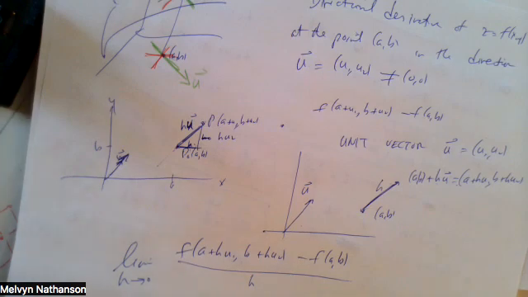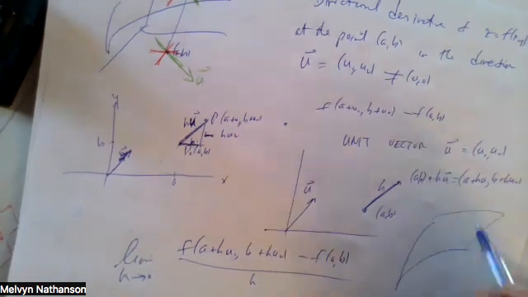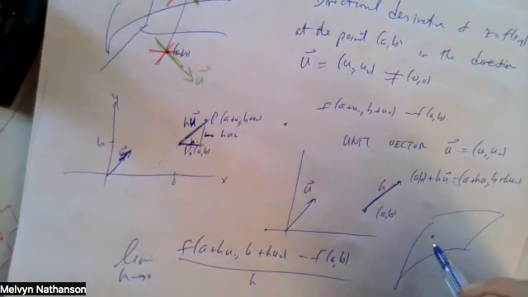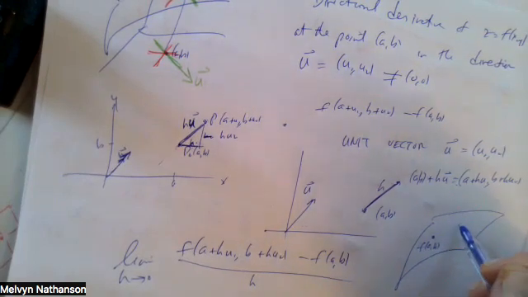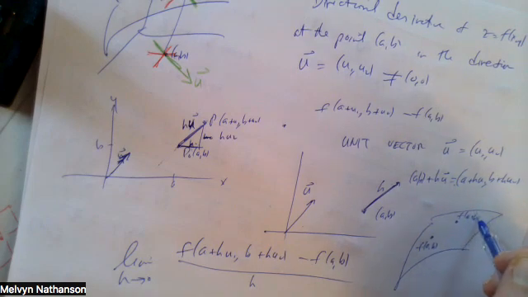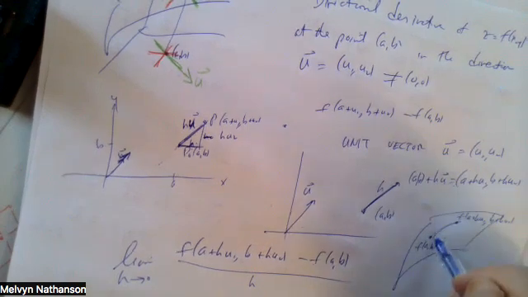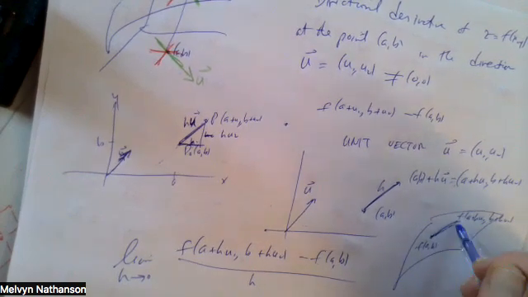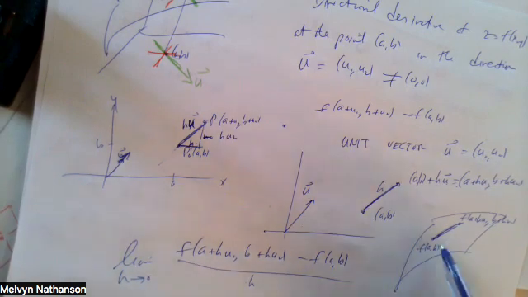So this is the slope of the secant line. Here on our surface, here is f of A, B, and here is f of a plus hu1, b plus hu2. And this change from here to here is this difference, divided by the length of this line segment, h.